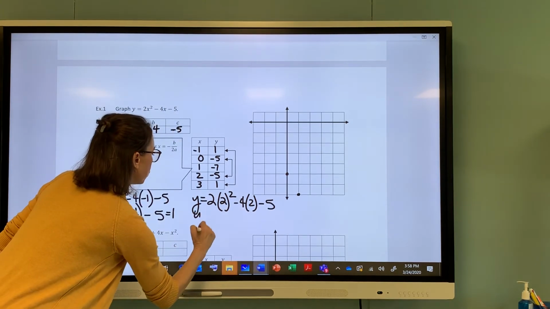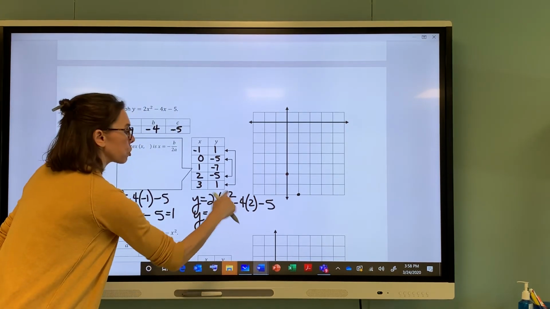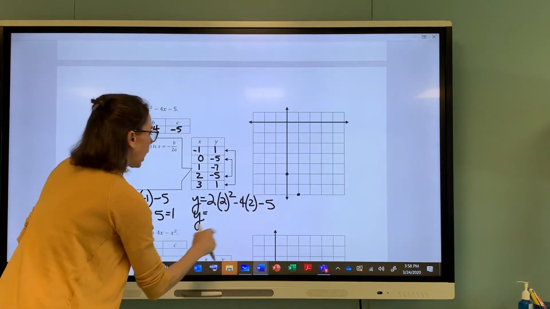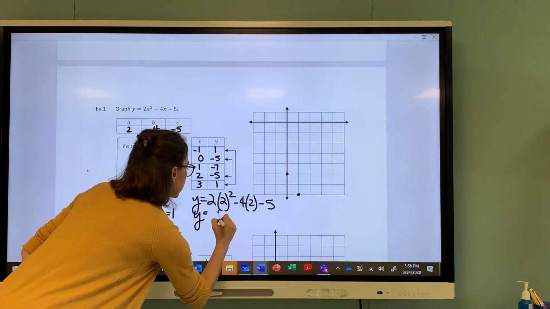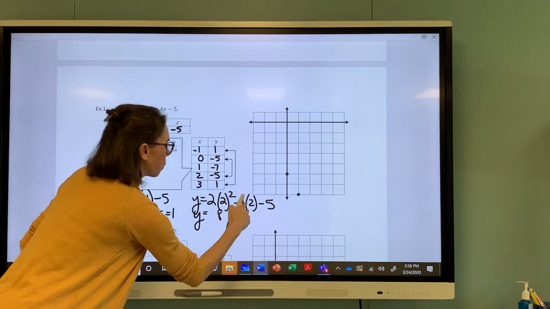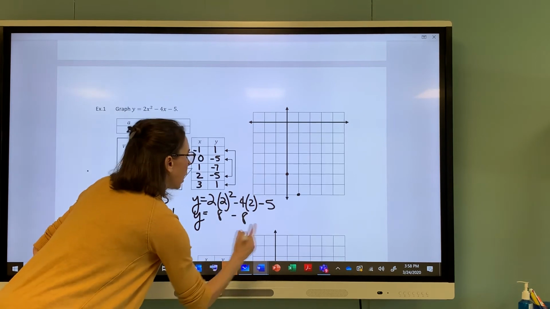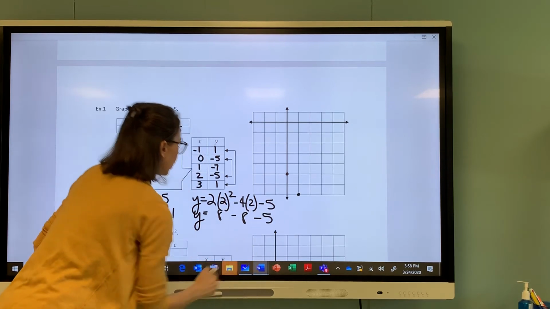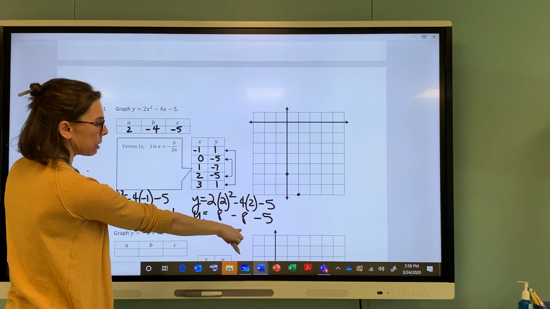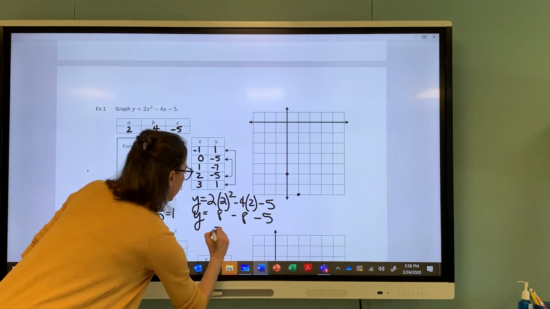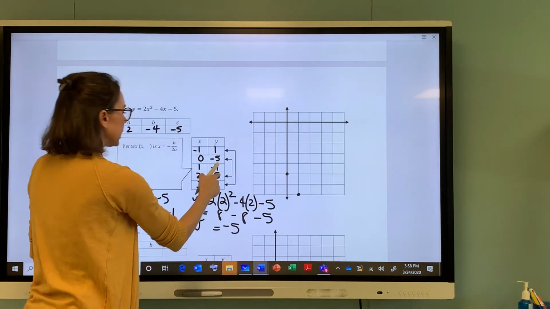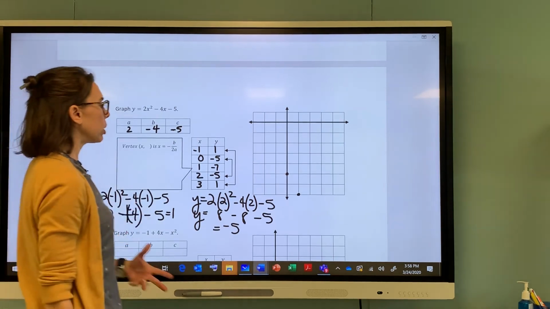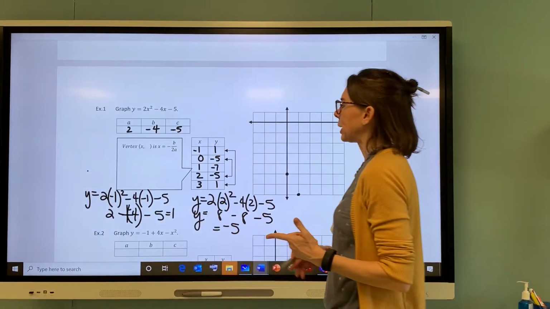And so y is equal to 2 squared is 4, and 2 times 4 is 8, minus 4 times 2 is 8, minus 5, and looky there, 8 minus 8 is 0, minus 5, and that equals -5. Ding, ding. So now we get to come over and put in all of our points to complete our parabola.